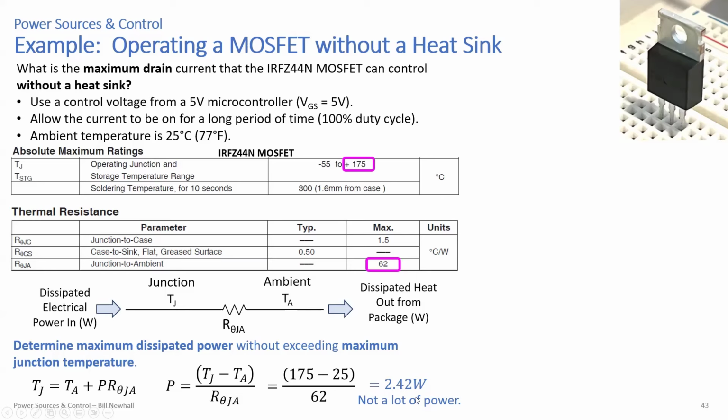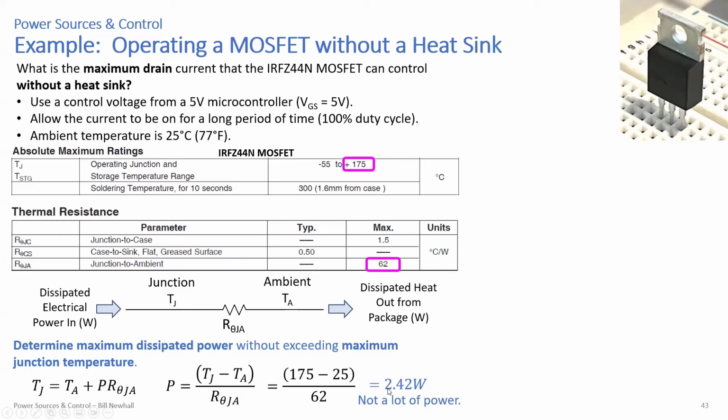I mean, we work with light bulbs that are tens of watts, but this is just to give you an idea of that power dissipation. But the dissipated power without exceeding the maximum junction temperature when that power is dissipated by the MOSFET cannot exceed 2.4 watts.